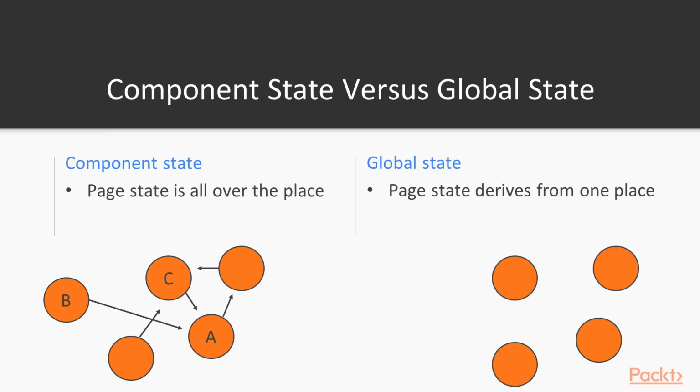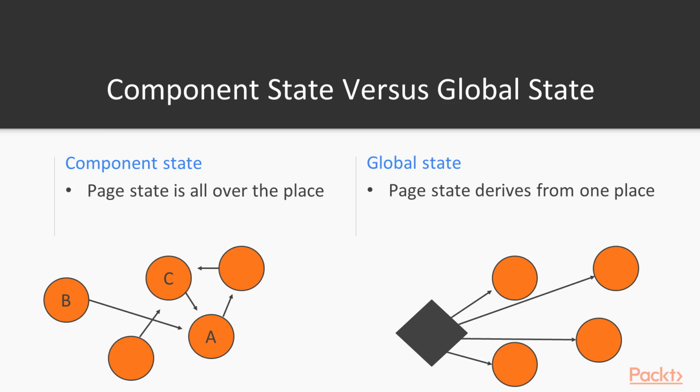If we look at something like a global state, we have those components lying around anywhere, but in this case we do not care for their names at all. They could be anywhere. What is important is where the state is. And in this case, we have the state living outside. So all the components do, if they require some information on the state, is pull it from a different source.